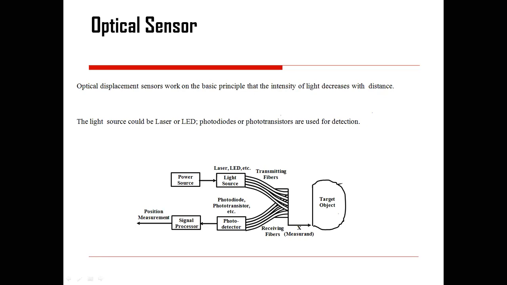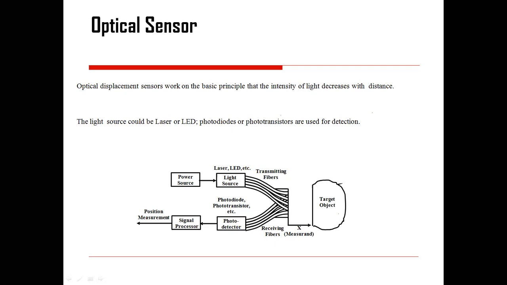when you are moving the target in the forward direction, you are making the displacement farther away from the transmitter and receiver. So the time required to reach from your light source to the target and reflect back from target to receiver will be more, which is calibrated in terms of the displacement.